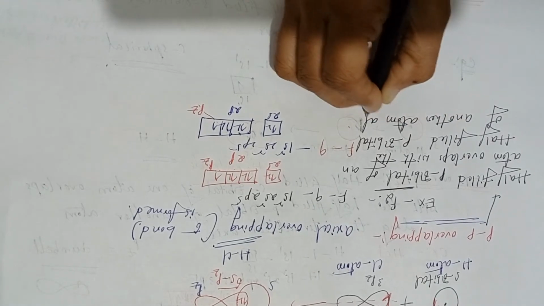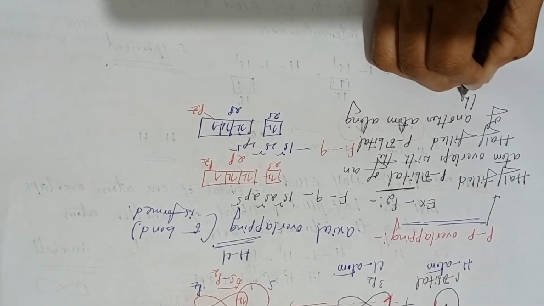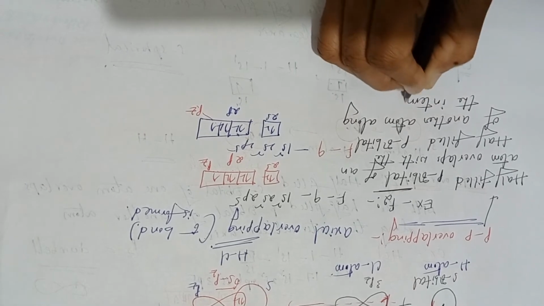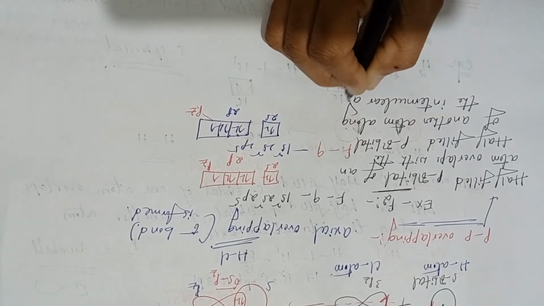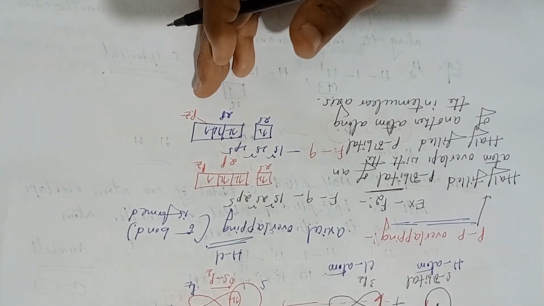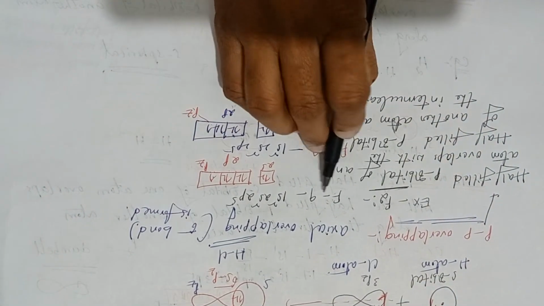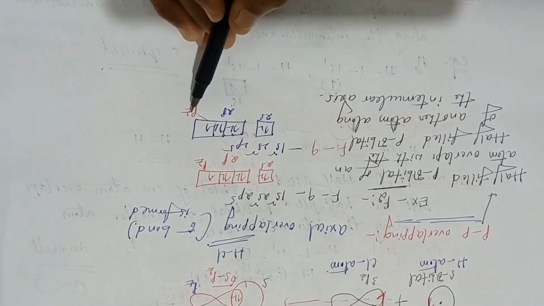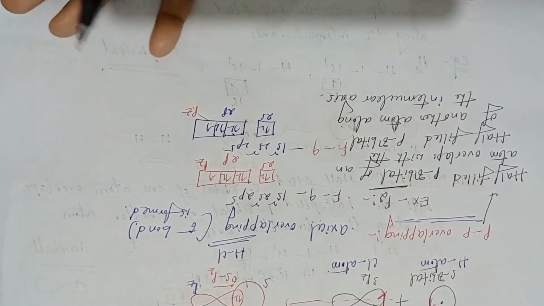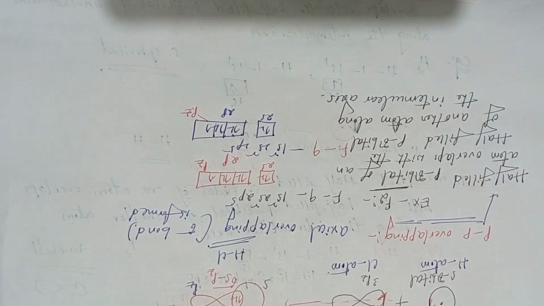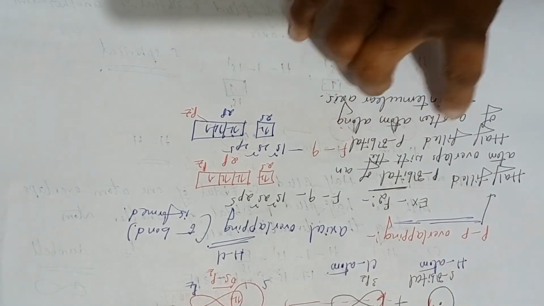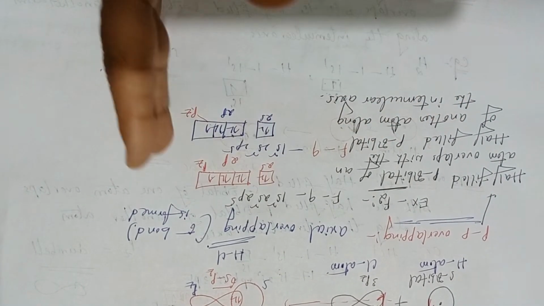Another atom along the internuclear axis. Understood? So that is called pp overlapping. Now, this is the half filled p orbital of a fluorine atom, which overlaps with the half filled p orbital of another fluorine atom. Clear? Along the internuclear axis. Understanding? Overlaps with the half filled p orbital of another atom along the internuclear axis.